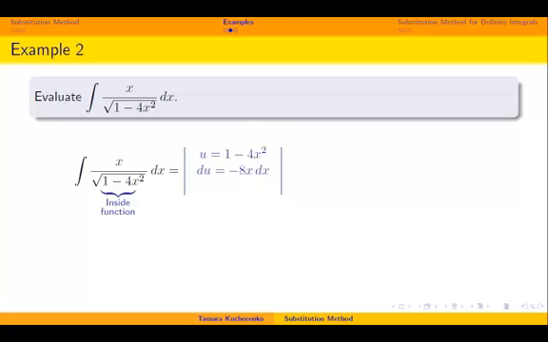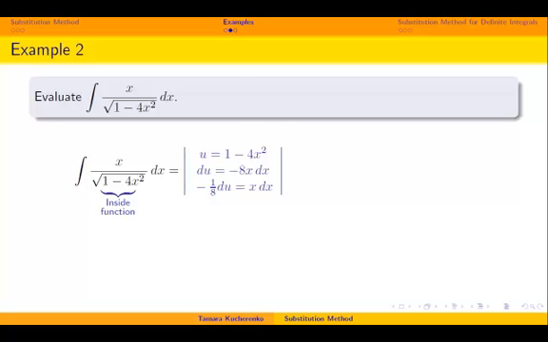To remedy the situation, we divide both sides of this equation by negative 8 and get negative 1/8 du equals x dx. Note that we can multiply or divide the expression with differentials by a constant because of the constant multiple rule for derivatives.